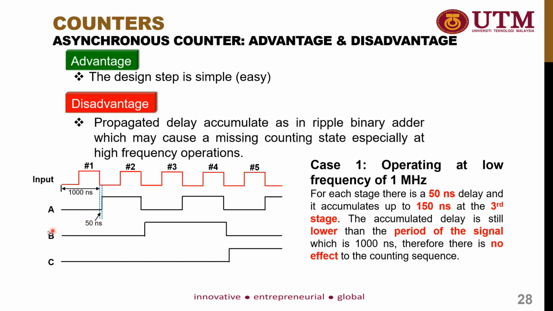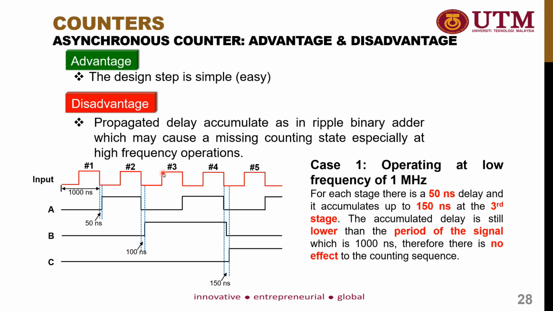At the second stage of output, which is B, we have a 100 nanosecond delay, and then at output C, we have a total of 150 nanosecond delay. So the accumulated delay is still lower than the period of the signal, which is 1000 nanoseconds. Therefore, there is no effect to the counting sequence.